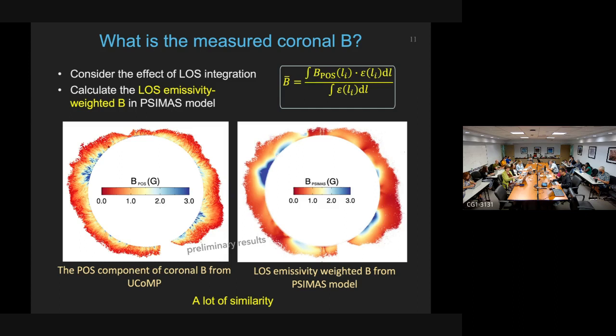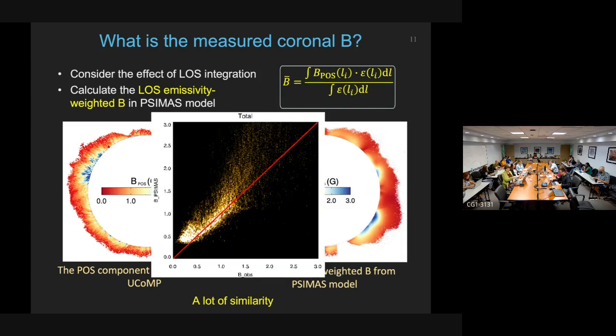And we can see there is a lot of similarity compared to the comparison between observation and the single slice of plane of sky. And the correlation between these two maps is much better than the previous one. And so this is a result from the comparison between the measurement and the coronal model.